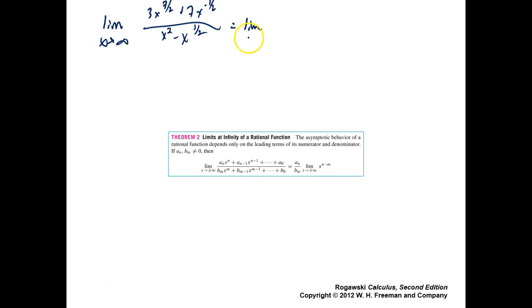as x approaches infinity of 3x to the 7/2 over x squared. Okay? Because the smaller ones just give you noise in the middle. For very large values of x, the big exponents dominate.